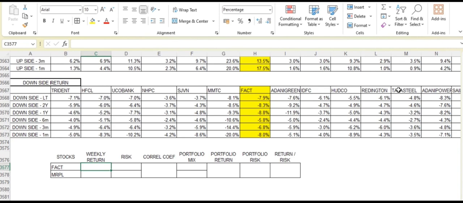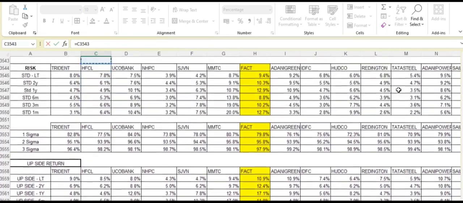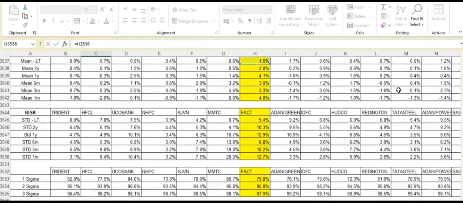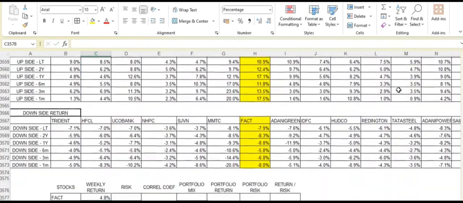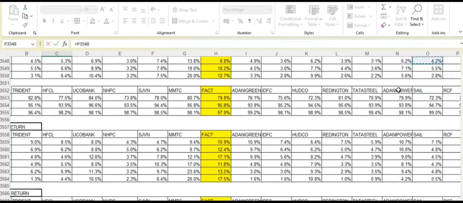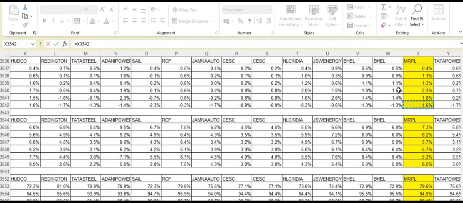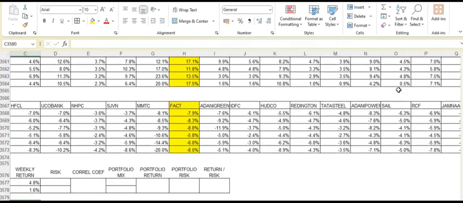Now we will plug in their weekly returns, and the way we will do that is by going to the last 1 month weekly return. Next up, we will calculate the weekly return for MRPL. You can see that this is the weekly return for MRPL.